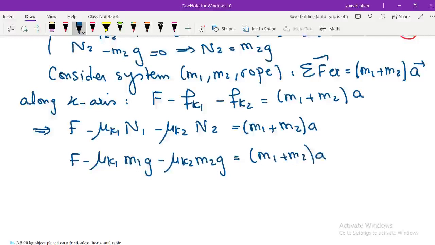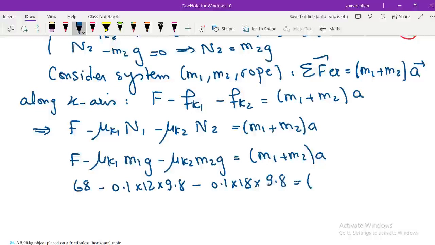F was 68, minus mu K1 which is 0.1 times M1 which was 12 times 9.8, minus 0.1 times M2 which was 18 times 9.8, equals the sum of masses, 12 plus 18, times A. So we calculate A, and A is equal to 1.286 meters per second squared, and this is the acceleration.